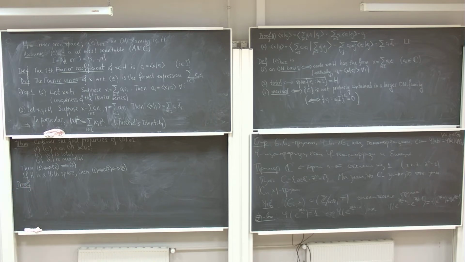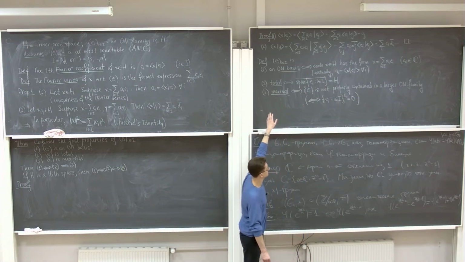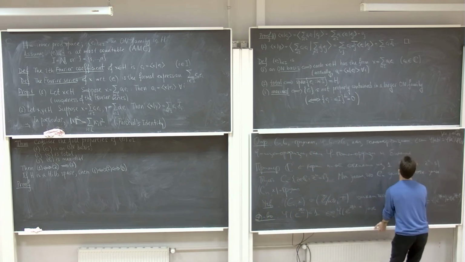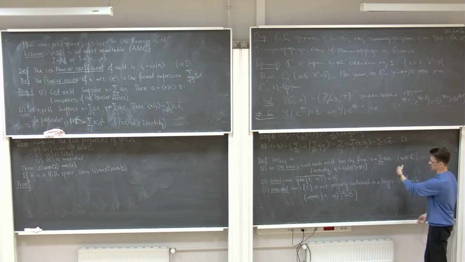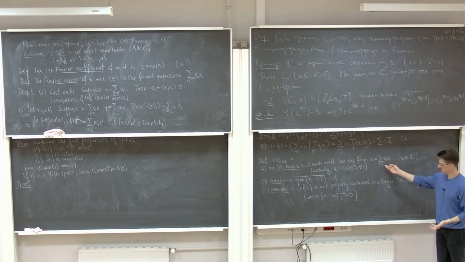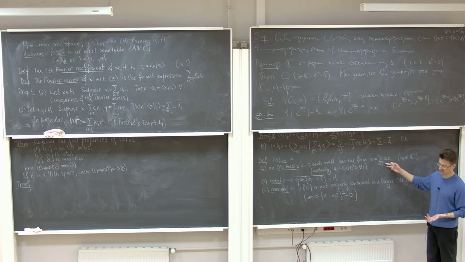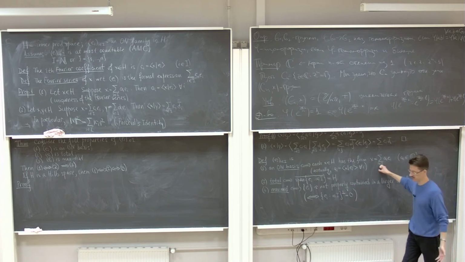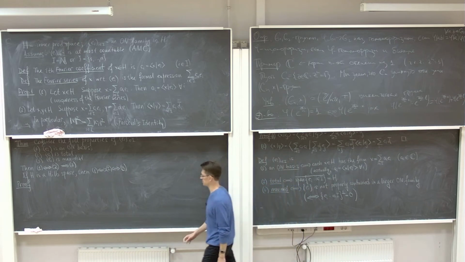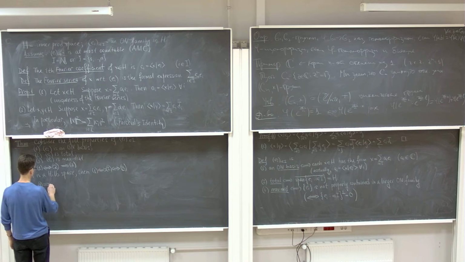Okay, so if we look at the definition here, it's more or less clear that 1 implies 2. Because if we have this decomposition, if I is infinite, this is the sum of a series, then of course x is approximated by a finite sum of the series, and we have condition 2. And of course, if I is finite, then everything is clear. So it's clear that 1 implies 2.